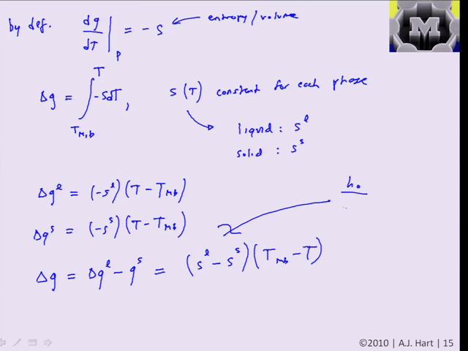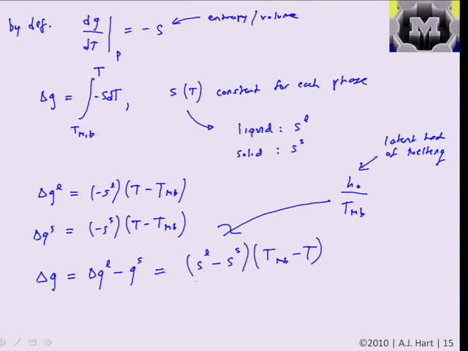And this quantity, the difference in entropy between the liquid and the solid state, is typically defined as the latent heat of melting, basically how much energy needs to go in per unit volume to melt the solid, divided by the temperature being the bulk melting point.